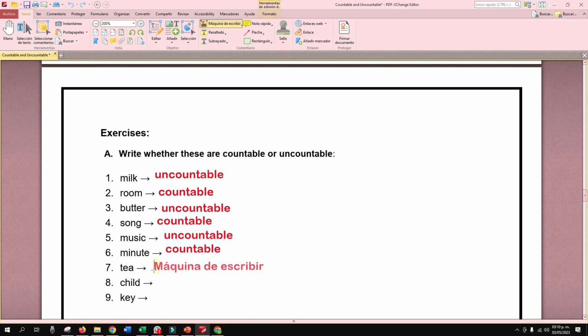Tea. What about tea? Countable or uncountable? Uncountable. That's uncountable, right? Child. You know child. Countable. You can say children, right? That's the plural form, countable, right? And the last one, key. You know, key.